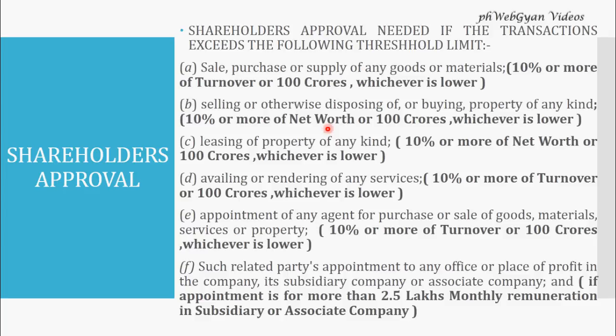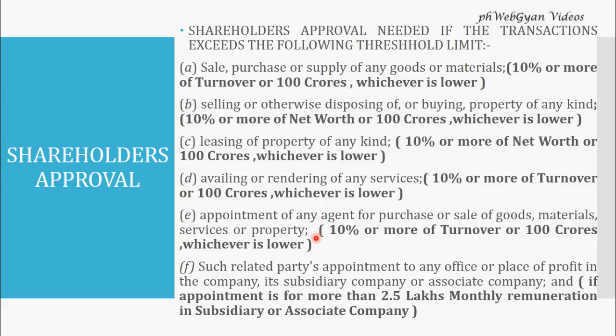Shareholders approval is required. Similarly, for leasing of property, if the transaction value exceeds 10% or more of net worth or 100 crore, whichever is lower, then shareholders approval is required. And the fourth point is availing or rendering of any service. If such transaction value exceeds 10% or more of turnover or 100 crore, whichever is lower, then the shareholders' approval is required.